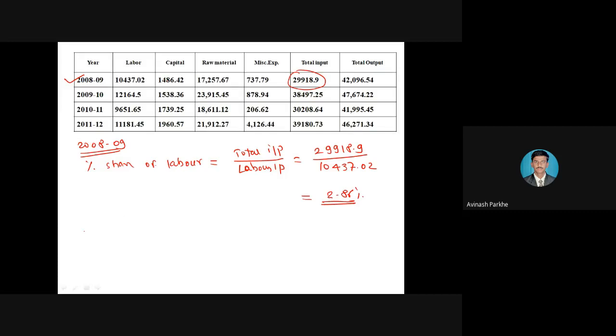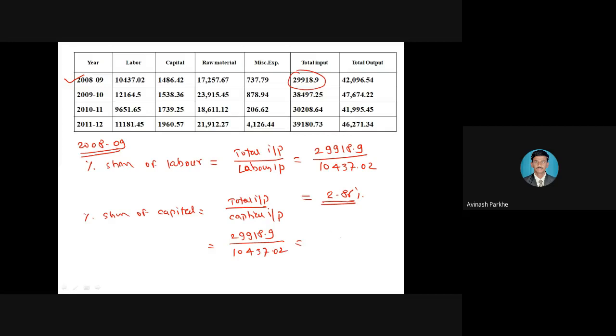Similarly, if I have to calculate the percentage share of capital, again total input divided by capital input. Again the total input will be the same, 29918.9 divided by the capital input.